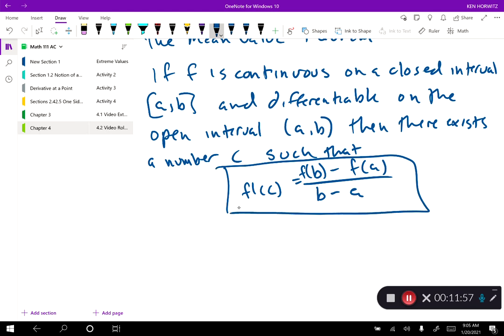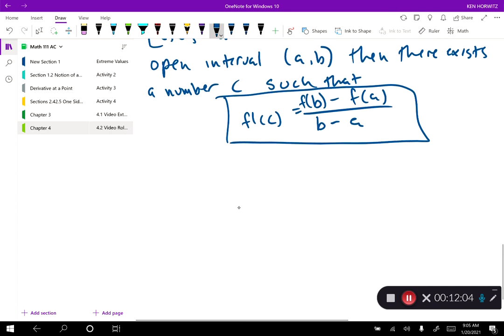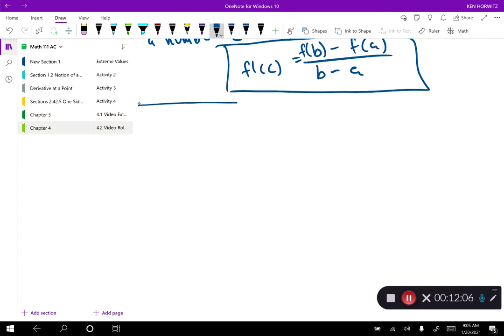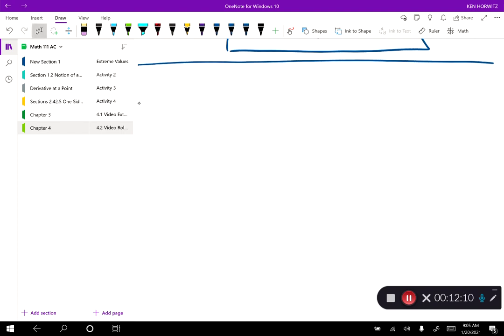All right, so let's try an example real quick. So we have given f of x equals 5 minus 4 over x.